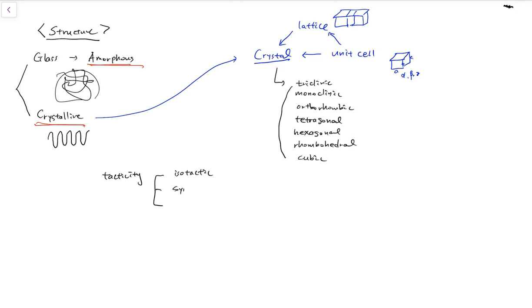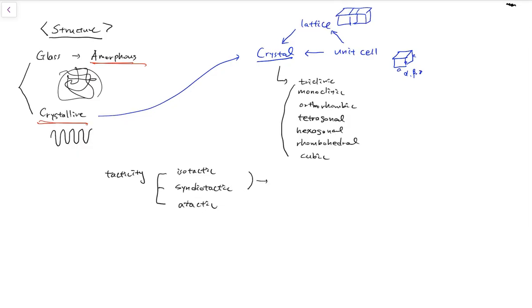Isotactic, syndiotactic, and atactic, right? Remember? So isotactic and syndiotactic arrangements of polymer chains, basically the side chains, show a relatively regular molecular arrangement. On the other hand, atactic shows a relatively irregular molecular arrangement.